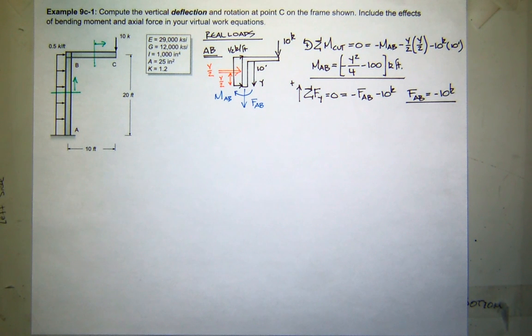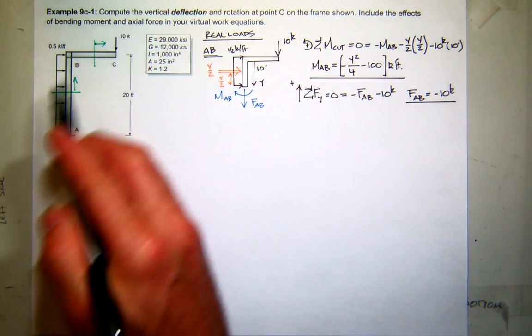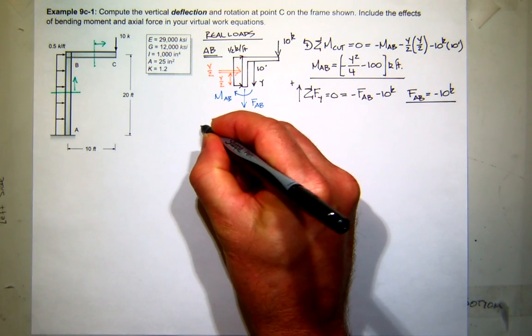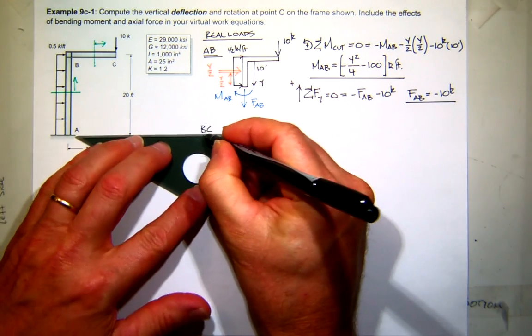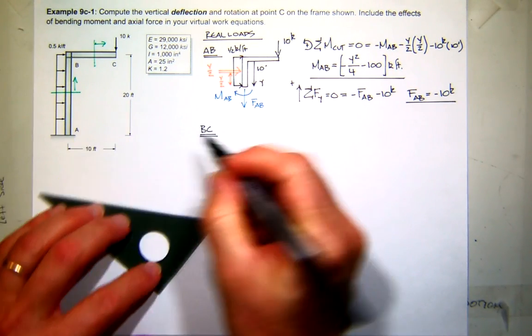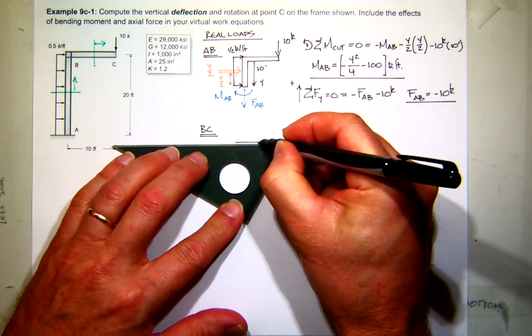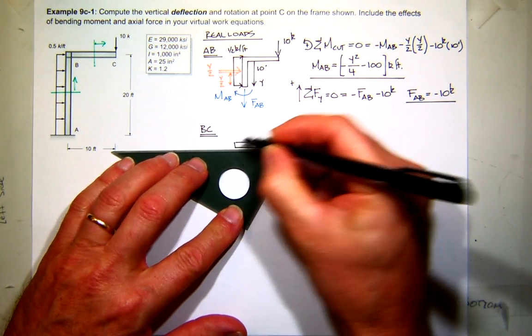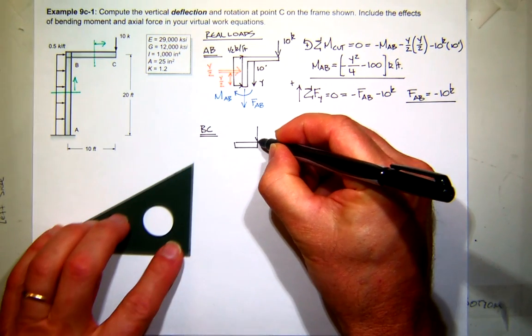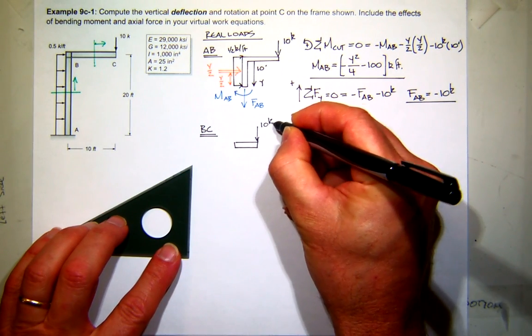Any questions about that? That didn't look too bad. So now we want to go to the next section from B to C. I want just this little section here. I've got the 10 kip force out here on the end.